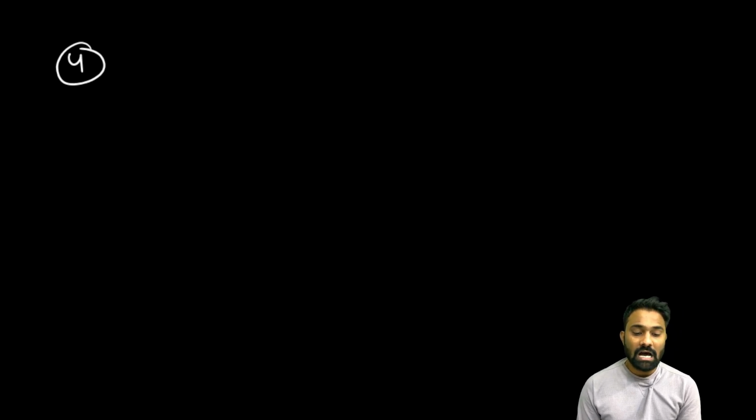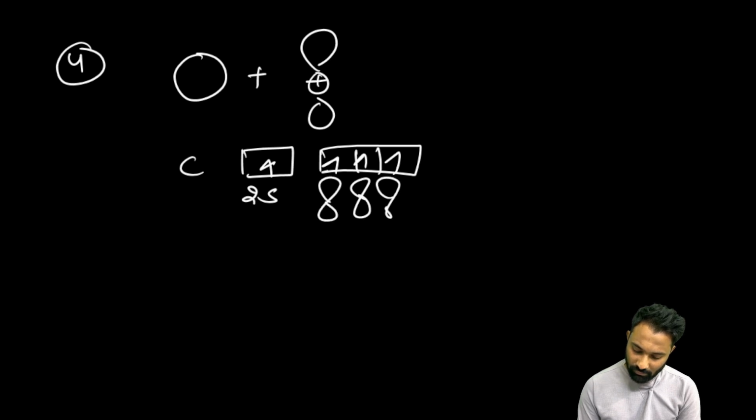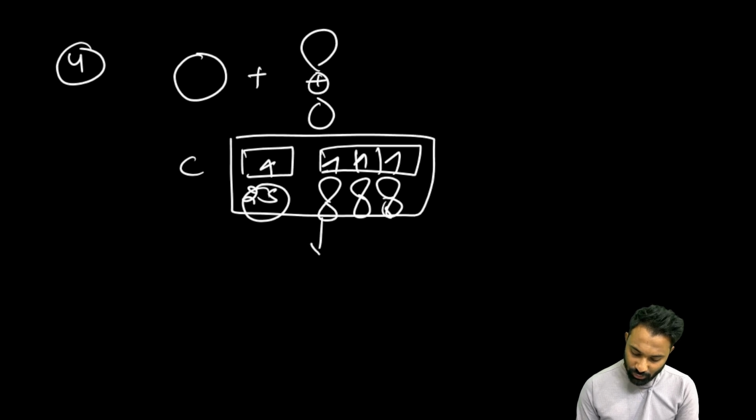Next point, this is very, very important. All the hybridized orbitals are identical in shape. You can see the s orbital and p orbital normally have their own shapes. When the electron is excited, for the carbon, the 2s orbital and the 2p orbital intermix and lead to a hybridized orbital.